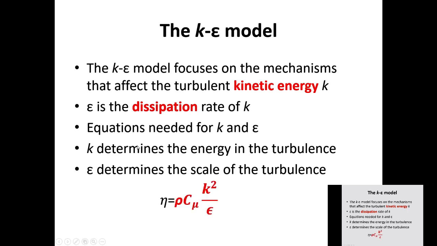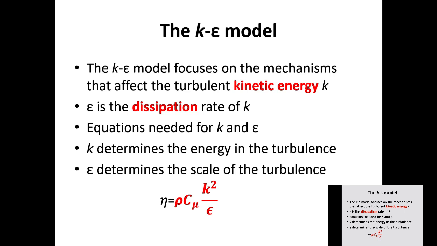So your eddy viscosity is given as rho times C mu k squared over epsilon. So that's your turbulence model. You need k and epsilon for this equation and the constant C as well. Okay, so these were the factors you embedded into your k epsilon model when you did the simulation.